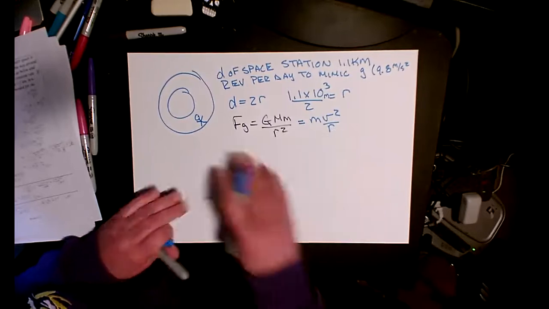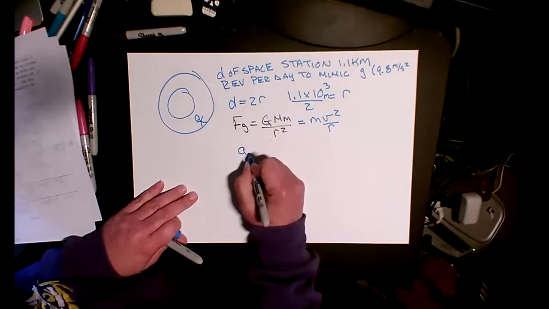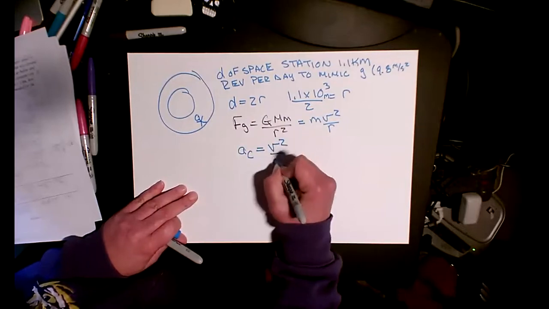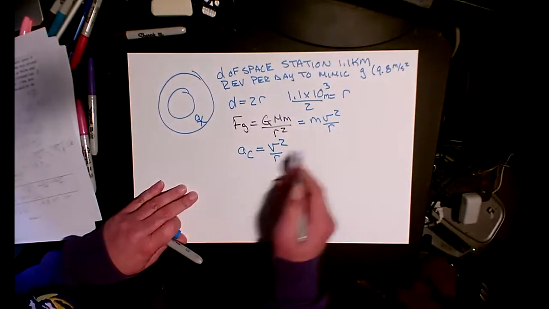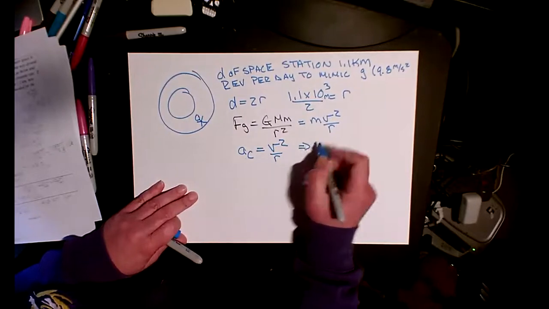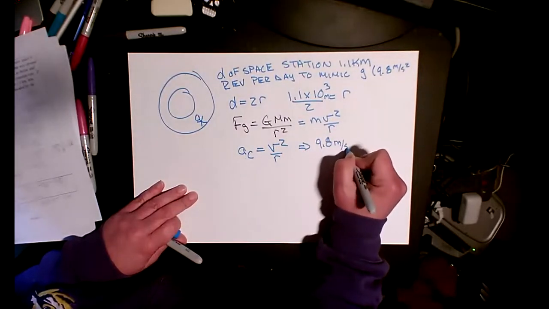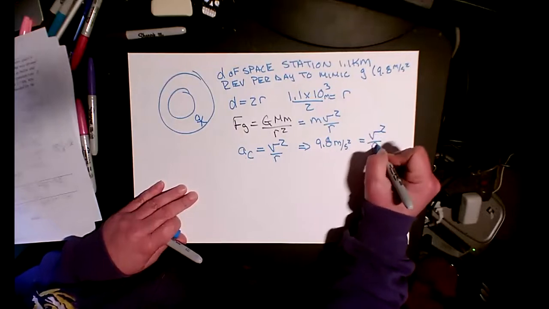So let's set this up: our center seeking acceleration needs to equal v squared over r. So I know what I want this to be: 9.8 meters per second squared equals v squared over r.